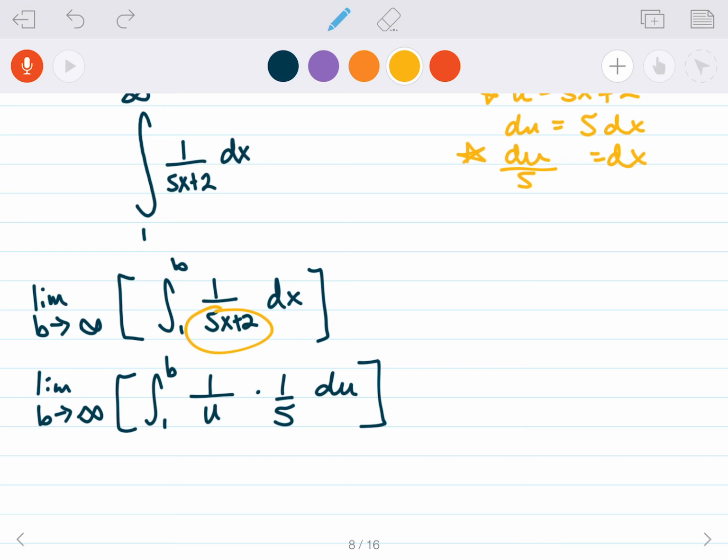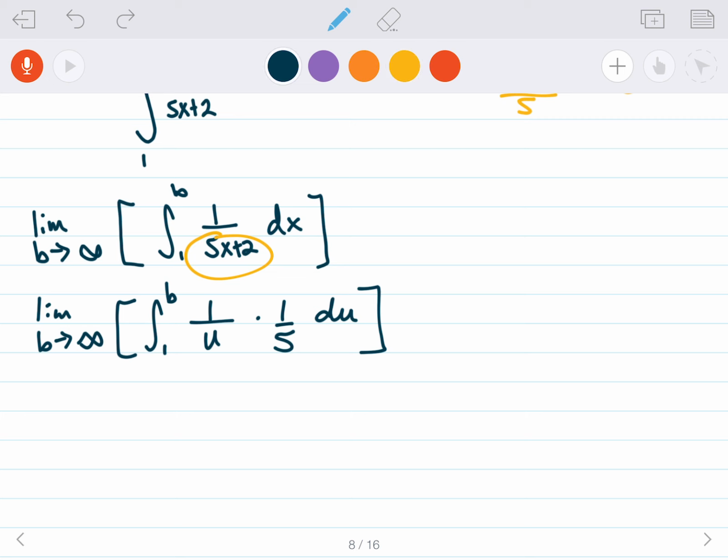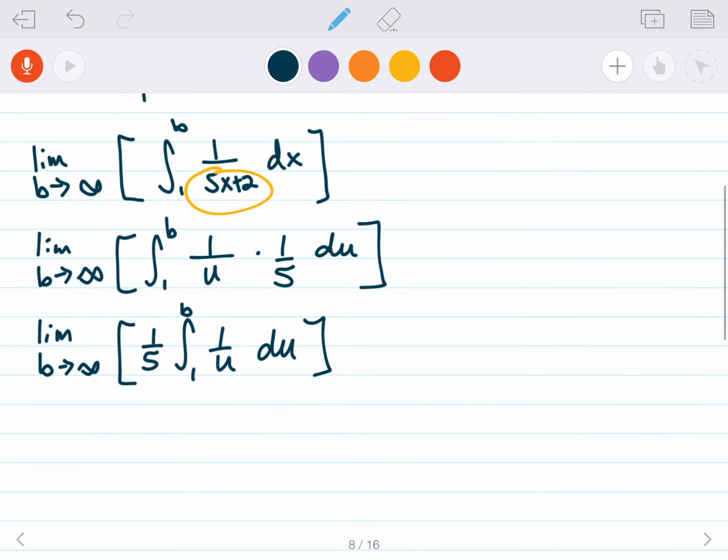So what I'm going to do from here is I'm going to pull the 1/5 out of the integral. So let's do that. We got the 1/5 chilling on the outside right there. And we know what the antiderivative of 1 over u is. That's just ln of absolute value of u.